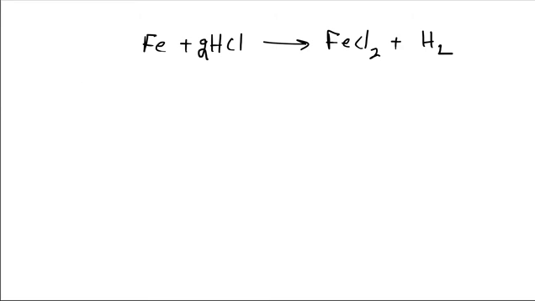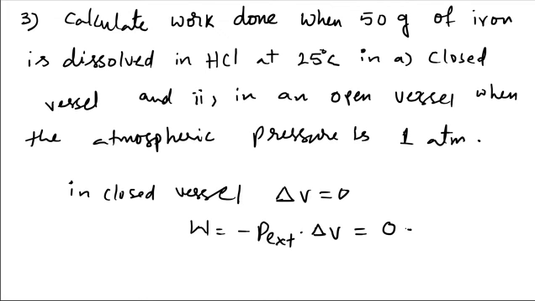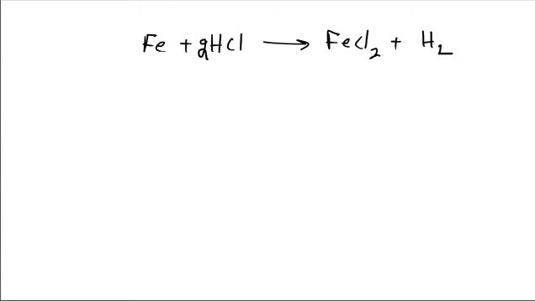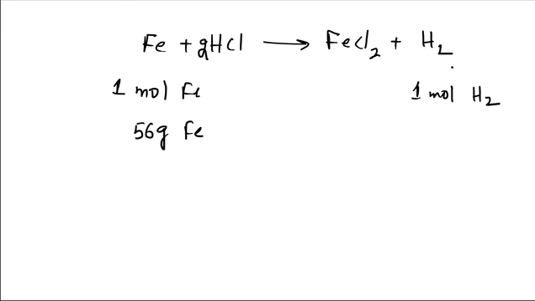But look here, the problem is actually 50 grams, but here it is 1 mole of iron. So here 1 mole of iron produces 1 mole of H2 gas. So 1 mole of iron means 56 grams of iron producing 1 mole of H2 gas.